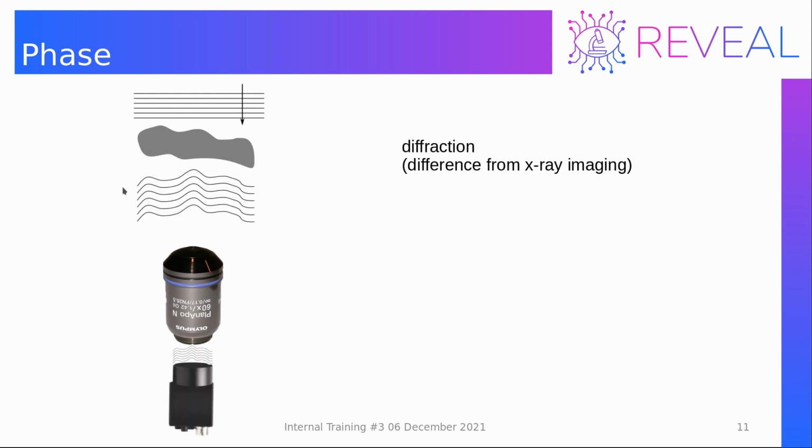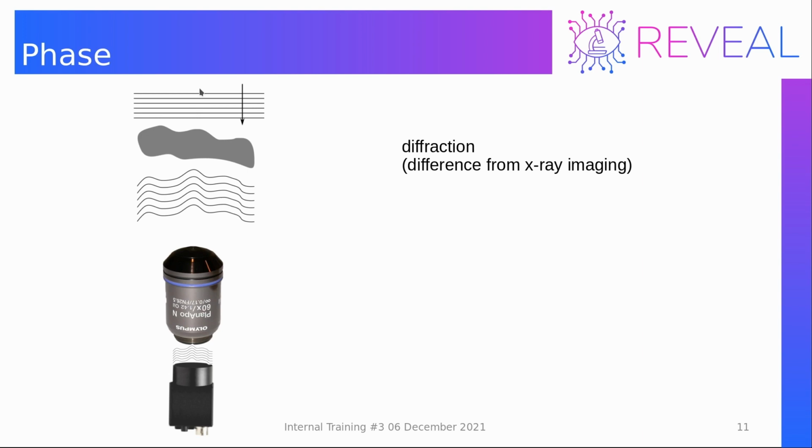On the other side, when this plane wave propagates through this sample, we get a distorted wavefront, and this wavefront looks like this due to a phenomenon called diffraction. Diffraction is something that makes measurements with visible light different, for example, from measurements with X-ray imaging.